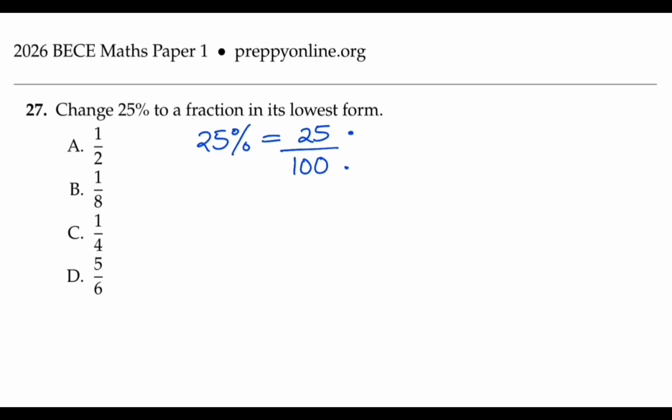And the answer is yes. We can divide both of them by 25. So 25 divides that, we get 1. 25 divides that, we get 4. So this fraction is equal to 1 over 4. And once we get 1 over 4, we cannot reduce it further because we have a 1 here, and we need an integer. So that's the answer, 1 over 4.